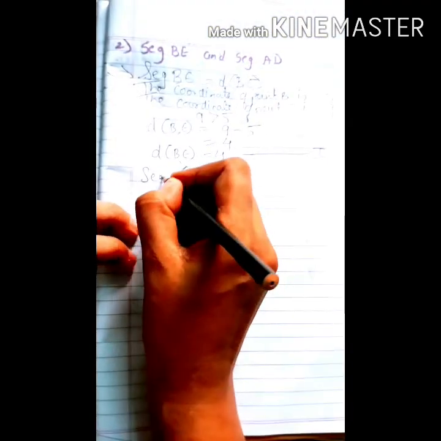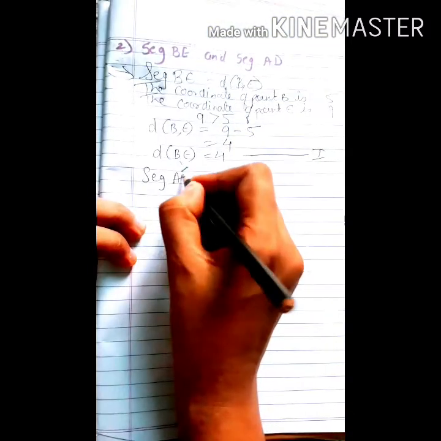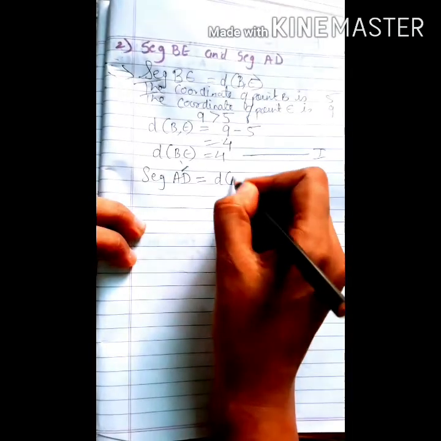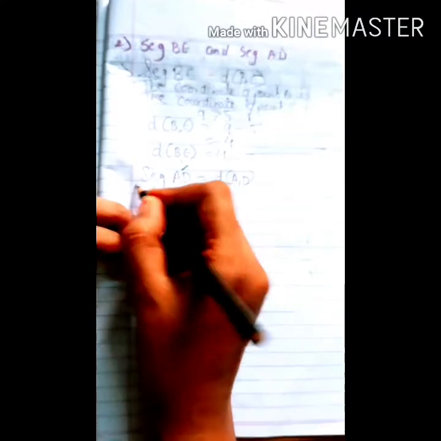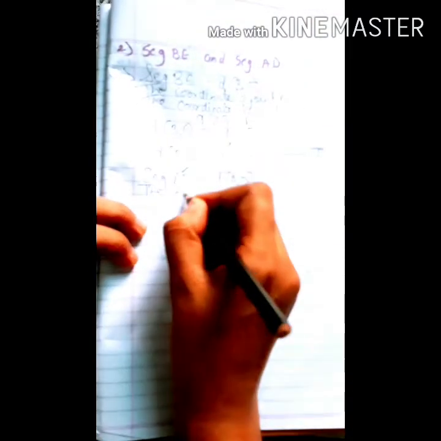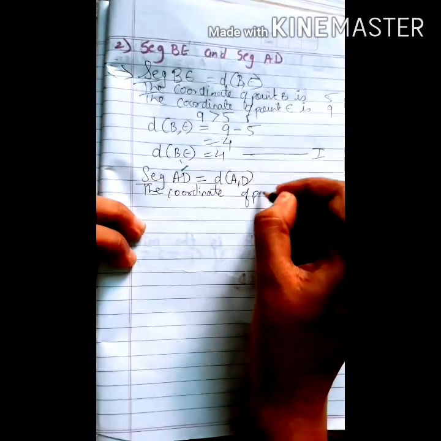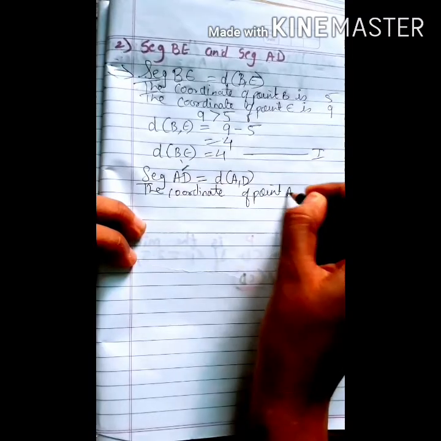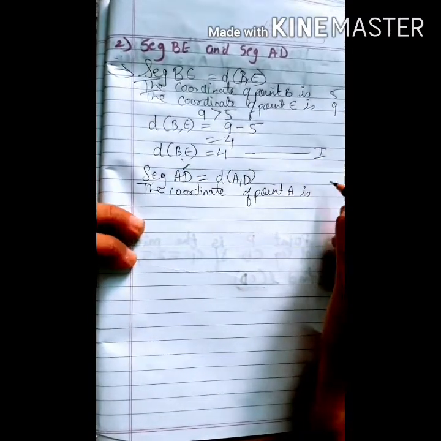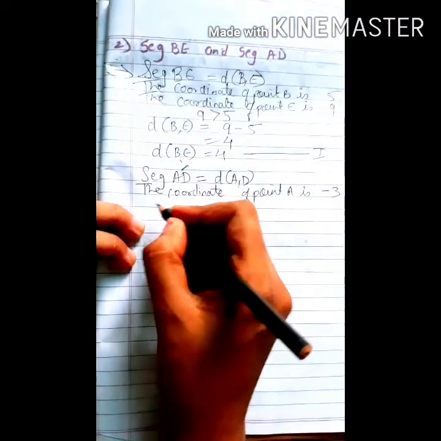Now segment AD equals the distance between the points A and D. The coordinate of point A is given how much? Minus 3.